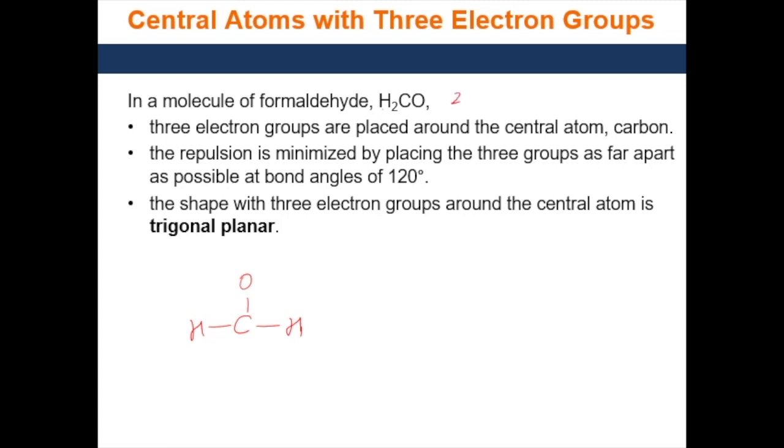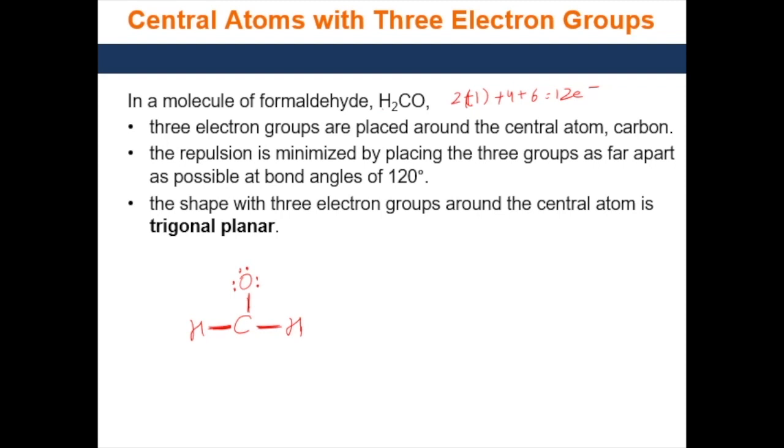Hydrogen has 1, so 2 hydrogens means 2 times 1, so 2. Carbon has 4. Oxygen has 6. So the total is 6, 10, 12 electrons, right? Let's distribute 12 electrons. We have already given 2 right here. 2, 2, 4, 5, 6, 7, 8, 9, 10, 11, 12.